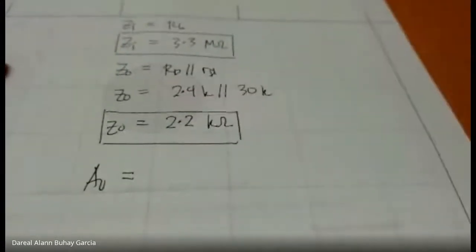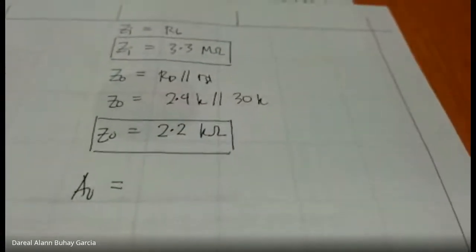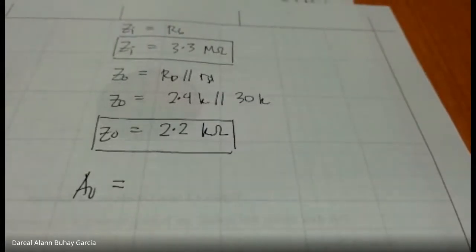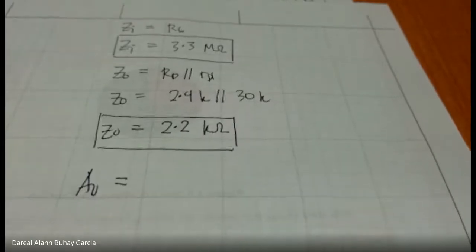Next, voltage gain is equal to negative GM times RD parallel rd, or ZO.